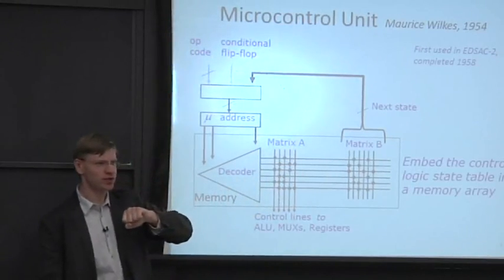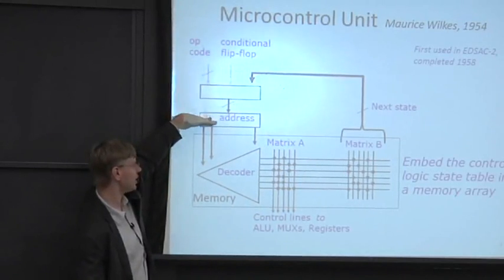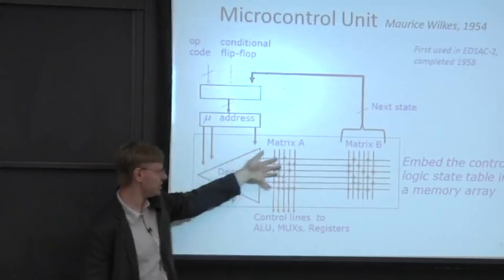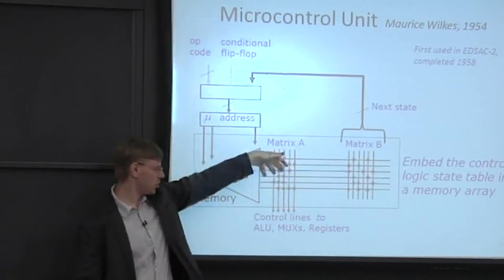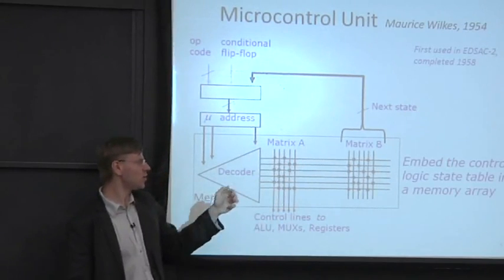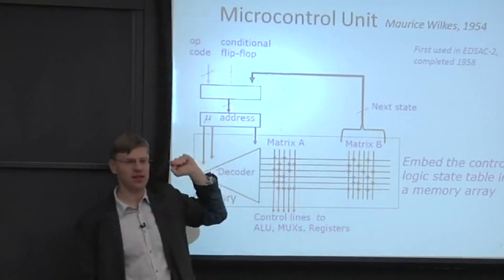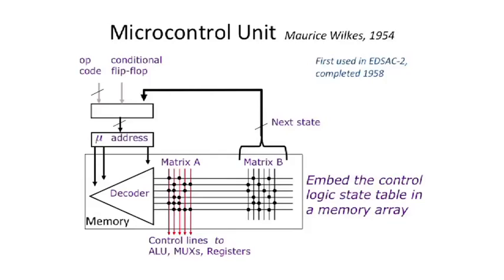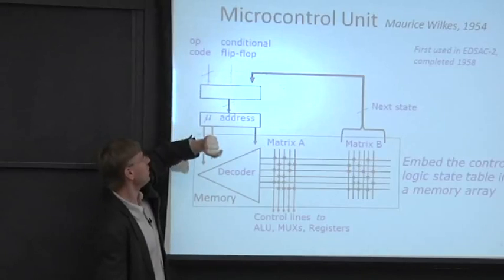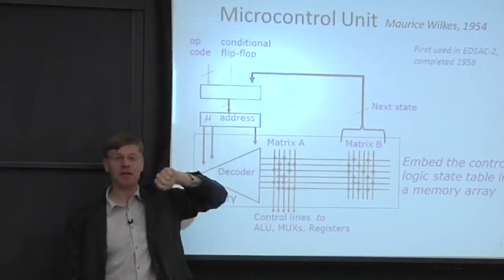So in a microcoded control unit, you're going to have a microcode address that gets decoded and lights up, in a ROM fashion, a bunch of wires. Some of those are going to turn on these control lines, and they're also going to be used in the calculation of the next state. Now, if you look at this, you can see that this actually implements something like a small finite state machine. But the one interesting thing here is that you actually have the opcode from the program coming in here.